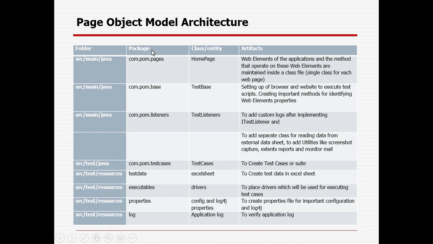So folder, then packages, and then class, especially for the src main java or src test java. This is the two part where I will be creating the packages and then class. So I will be creating the pages, com.form.pages, com.form.base, com.form.listeners, and com.form.testcases in the src test java packages.